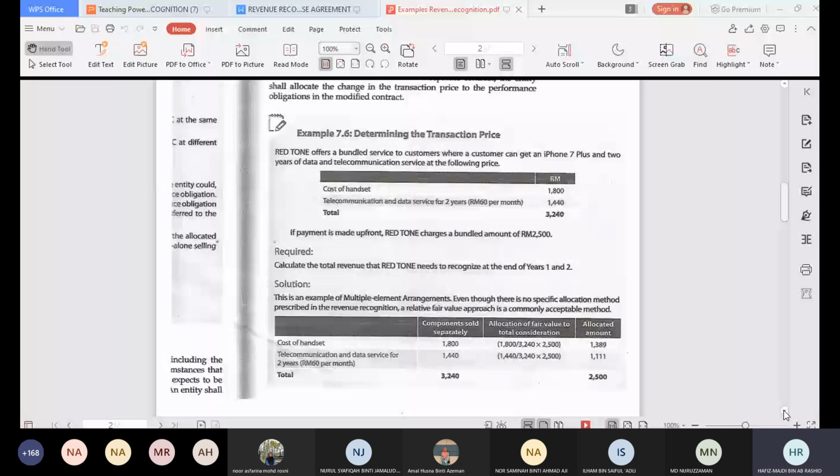If you purchase it standalone, individually, the cost of the handset will be 1,800. The telecommunication service for 2 years, assuming per month is 60 ringgit, so per year it will be 60 times 12, which is 720 for 1 year.